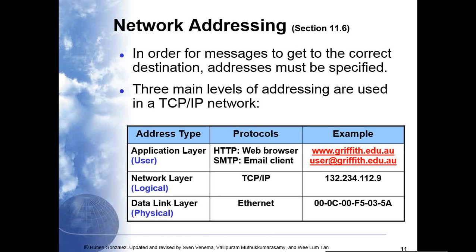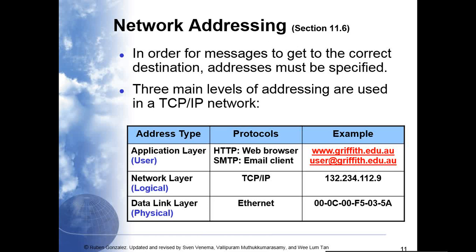The network layer, TCP/IP in this case, has an IP address, which might be 132.234.112.9. That's not so easy for people to work with. You might be able to remember a few of them, but if you had to remember all of them and work out which one related to which particular machine, it would be very difficult. So we don't work at that level generally, but you can still type those in, for example, into your web browser, and it will still resolve that in some way as the address.